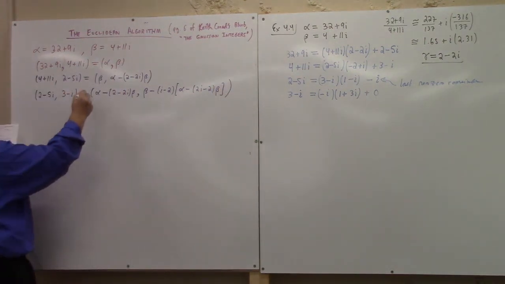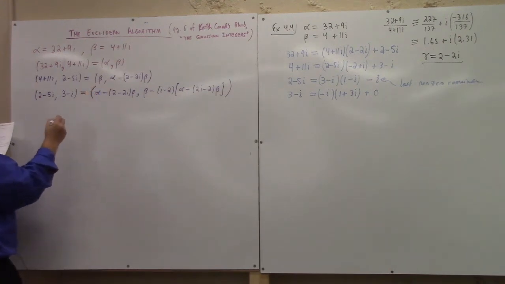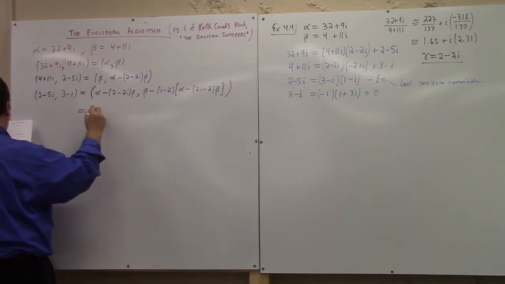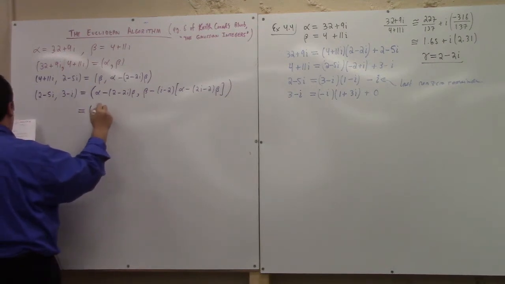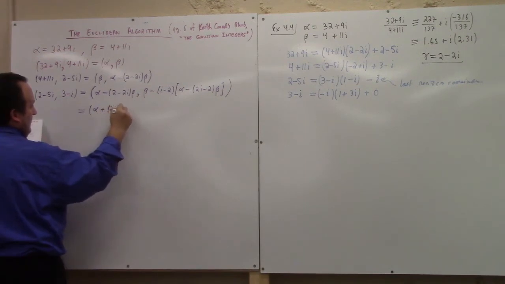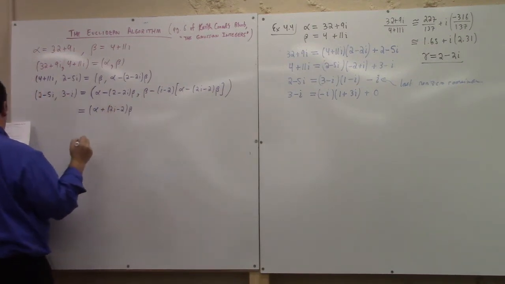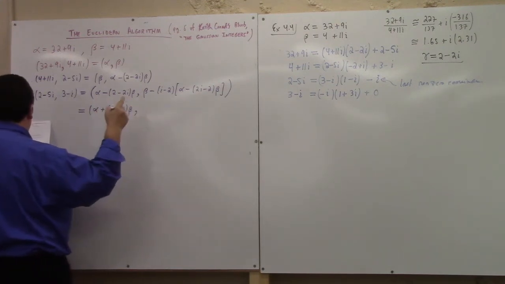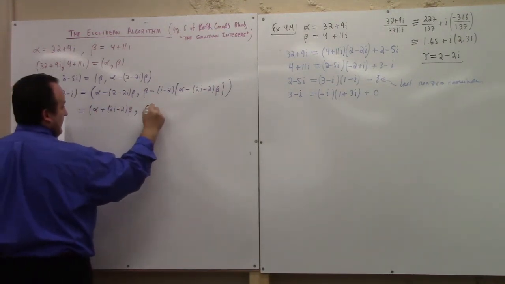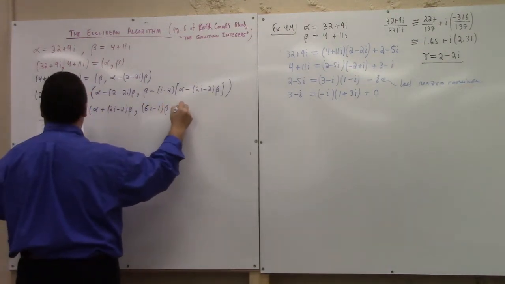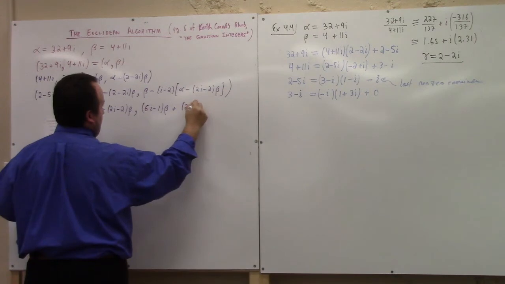All right. And I won't go through the details, but if you do the algebra carefully, that simplifies to alpha. And I change this to a plus. If I change it to a plus, it becomes 2i minus 2, yeah? That's easy enough to see. But what is not as easy to see is that what that simplifies to is 6i minus 1 times beta plus 2 minus i times alpha.